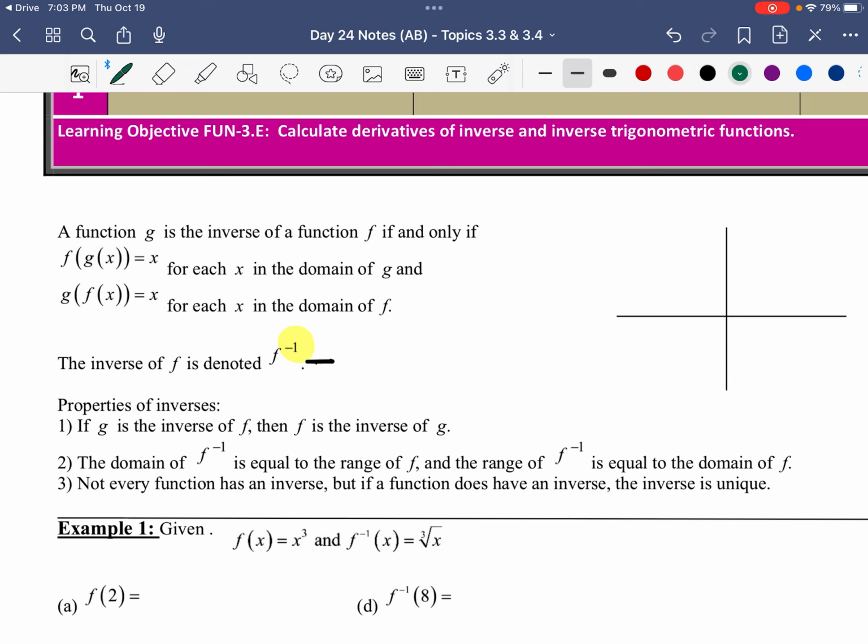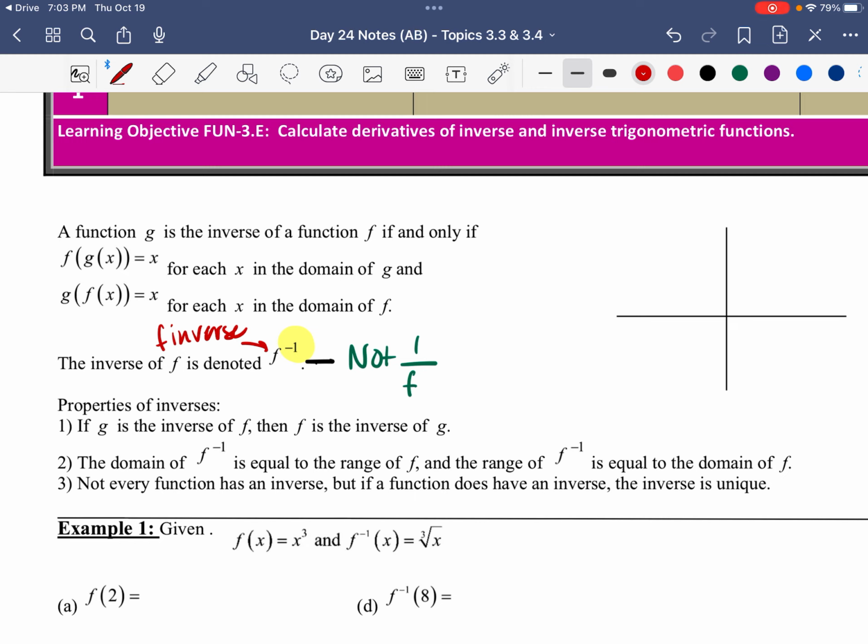It's not 1 over f to the first, or 1 over f prime. This is not 1 over f. When you have a function with the negative 1 as a superscript like that, it is always called f inverse. It's one of the ways we denote the inverse function of f.